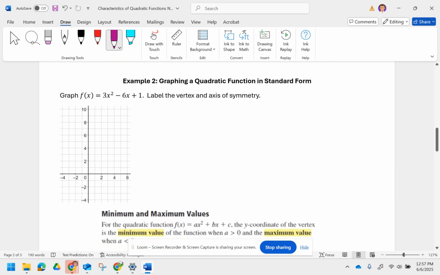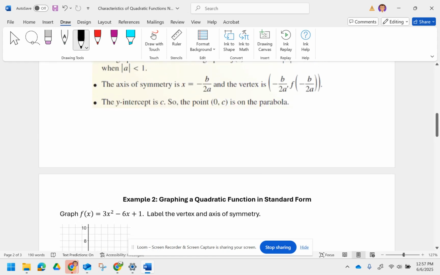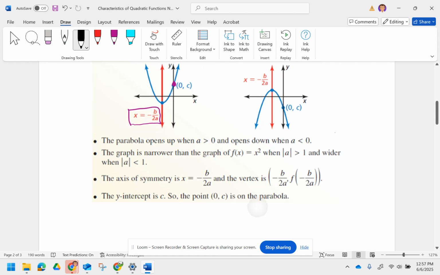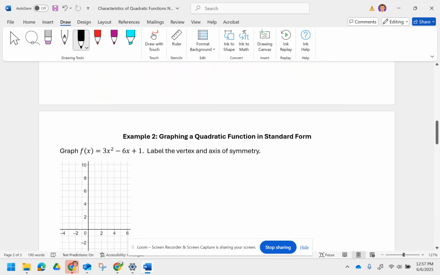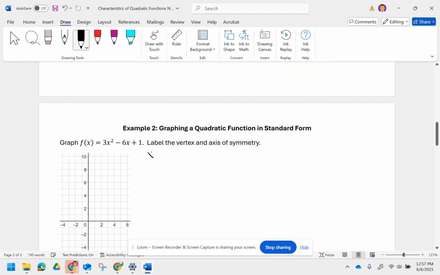All right, so let's look at an example of this. We're going to graph this function and label the vertex and the axis of symmetry. So let's start by finding that vertex. Remember, we find the vertex at negative b over 2a. So we want to do x is equal to negative b over 2a.